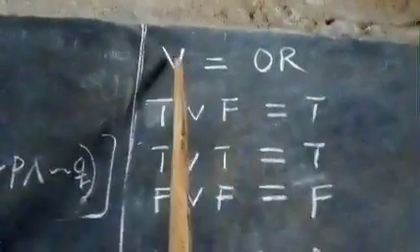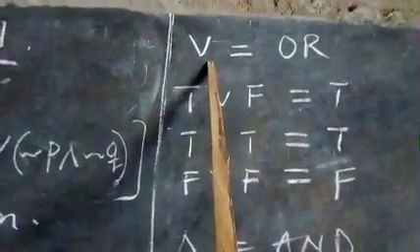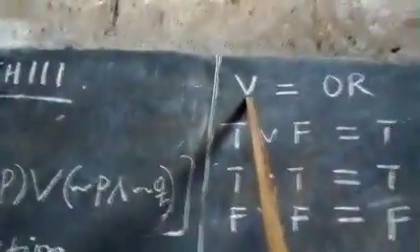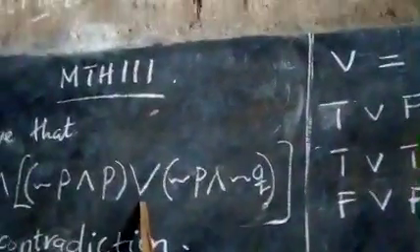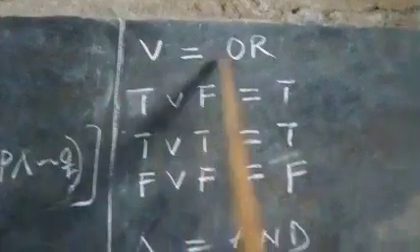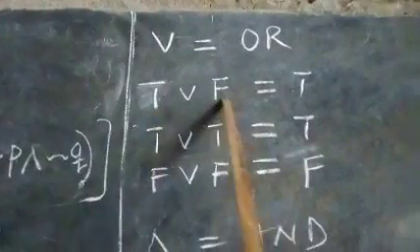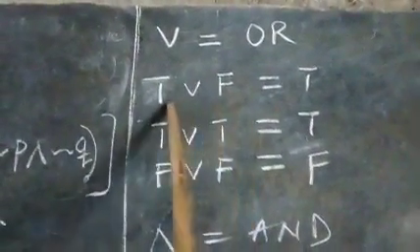Now let's go to the next step. This is one of the terms given in the question. The name is or, and it looks like V. T stands for true, F stands for false.